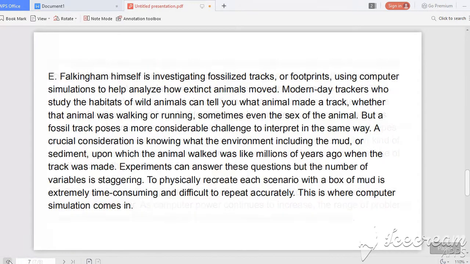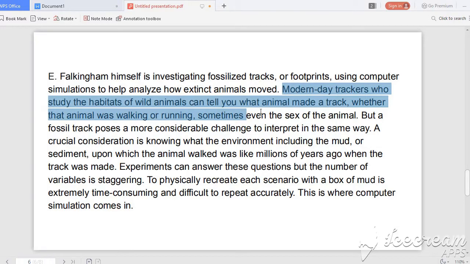Okay, so a modern day tracker who studies the habitat of wild animals can tell you what animal made a track. So here it is mentioned that modern trackers are able to guess about the animal by analyzing their footprints, about whether they are running, walking, or even the sex of the animal.